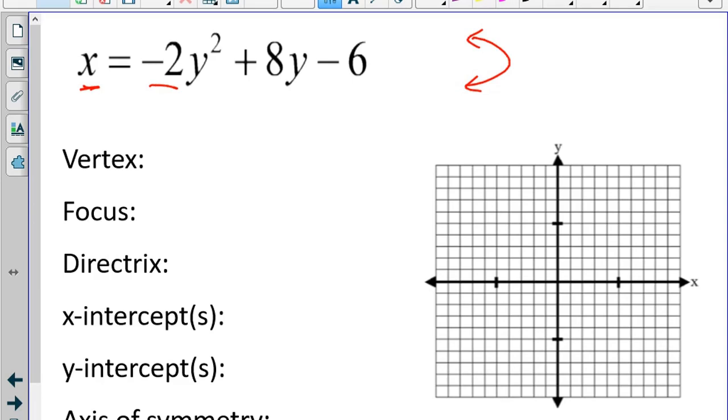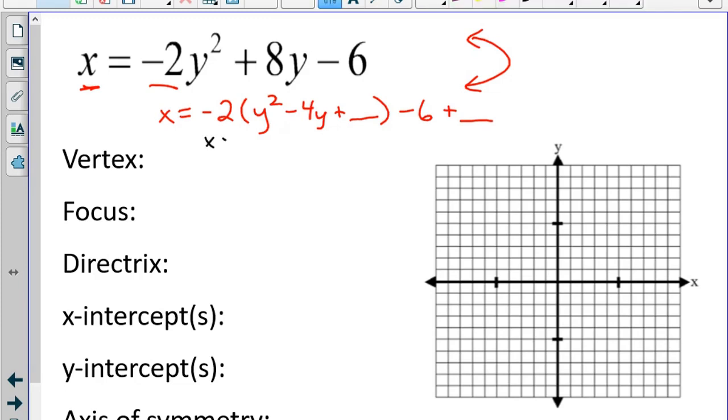I can find the vertex by completing the square. So I'll do that really quick just to remind us of how to complete the square with a number in front in case we have forgotten. So I can go -2y squared minus 4y plus blank minus 6, and then I'll be adding 2 times whatever I put just to keep it balanced.